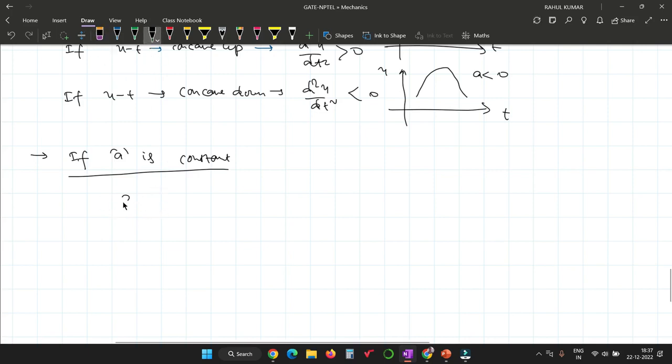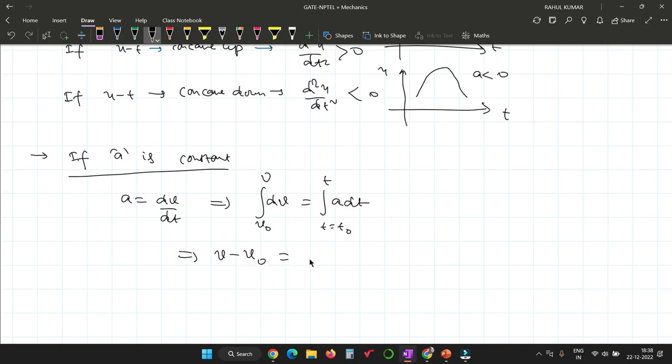If you have a equal to dv by dt, then you can write dv equal to a dt. If you integrate from the initial velocity to final velocity, taking initially t equal to t naught and finally t equal to t, then you will reach v minus v naught equal to a times t minus t naught. So v equal to v naught plus a times t minus t naught.